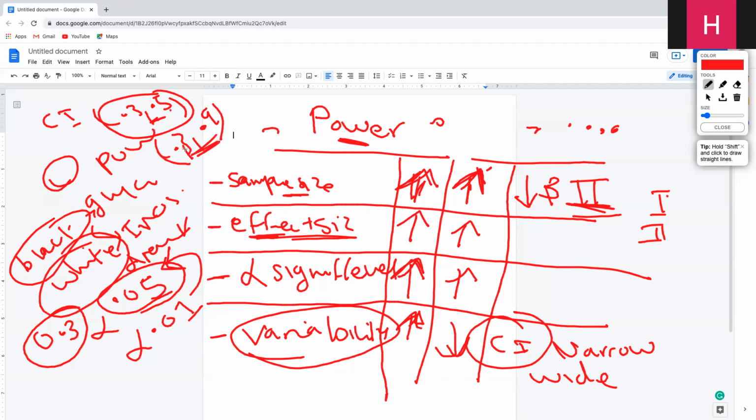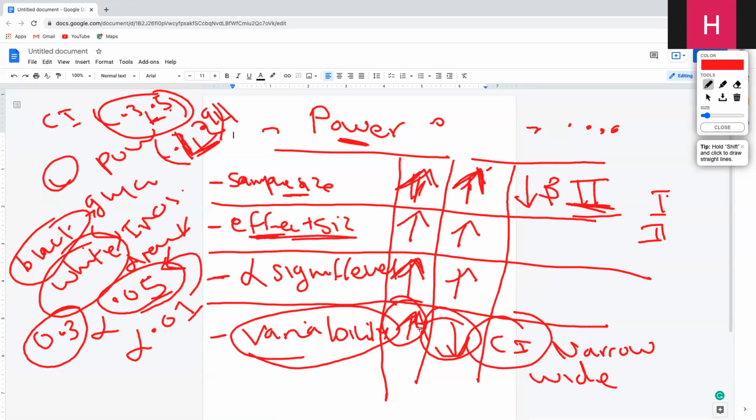Or if I said from 1 all the way to 24, this is a very wide confidence interval. This is a very less powerful study. So the variability in the data, as it increases, this is the only one that has an inverse relationship with the power. So as you're increasing the variability of the data, you are decreasing the power of this study.